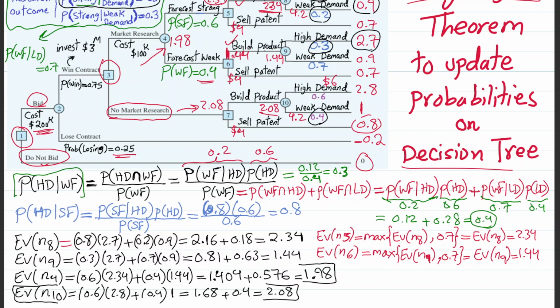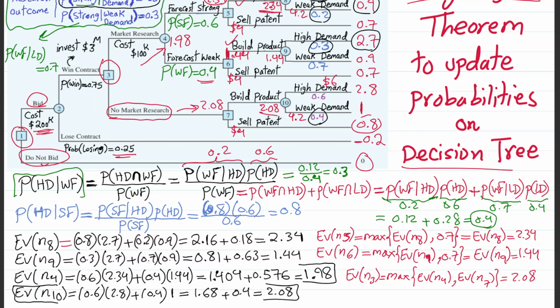So I would say that here the expected value of node 3 is the maximum of EVs of node 4 and EV of node 7, which as a result you can see that it will be EV of node 7, which is 2.08.